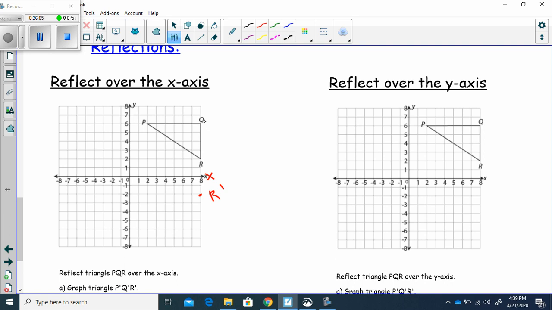Your q is, let's count, 1, 2, 3, 4, 5, 6 above. Q prime is going to be 6 below. There would be your q prime. Your P is 6 above, so it's going to be 6 below. There's your P prime.